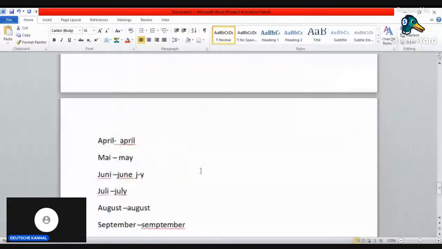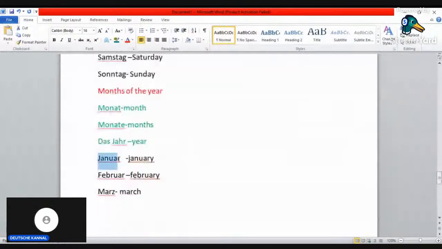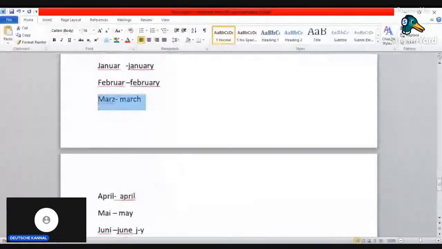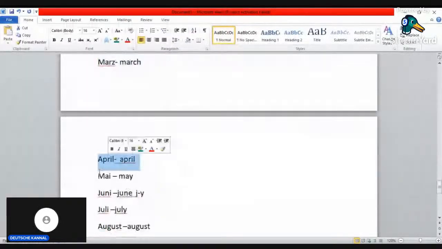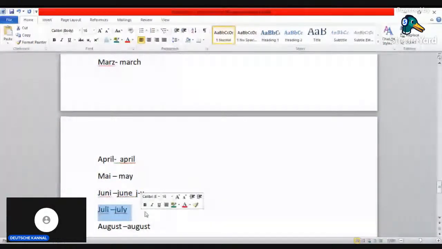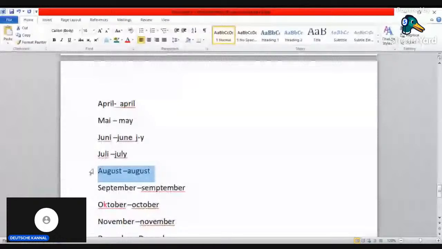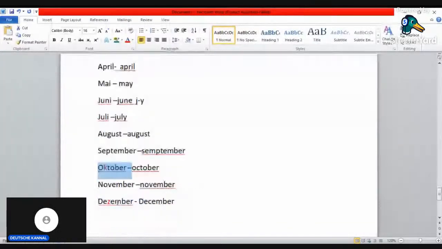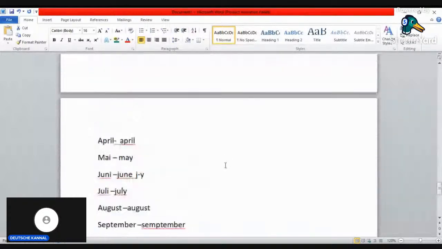So Januar, Februar, März, April, Mai, Juni, Juli, August, September, Oktober, November, and Dezember.